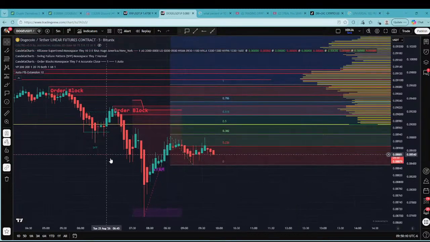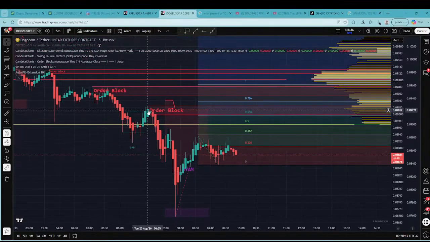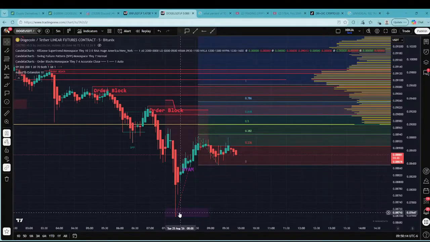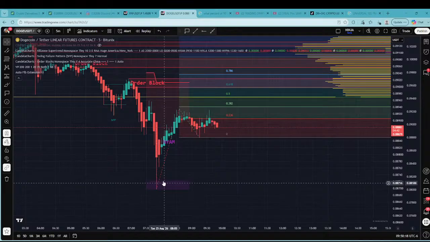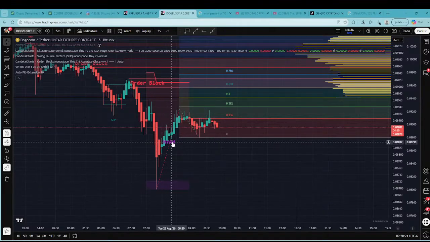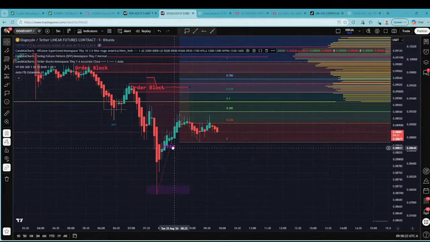So now that we've had this big push down, this purple area here is going to be considered, is that New York AM? Yeah, okay. Kill zone, New York.